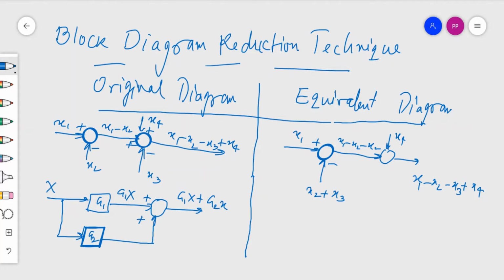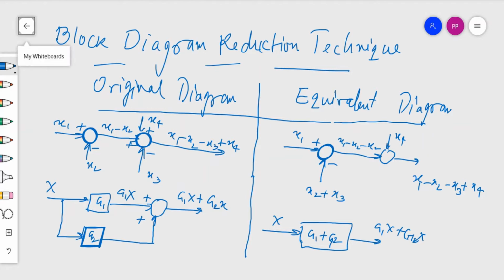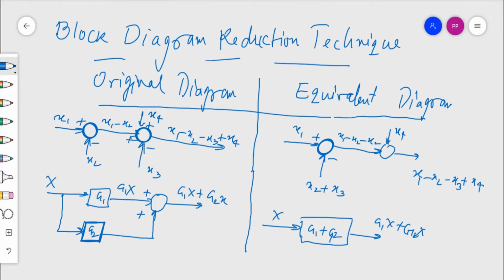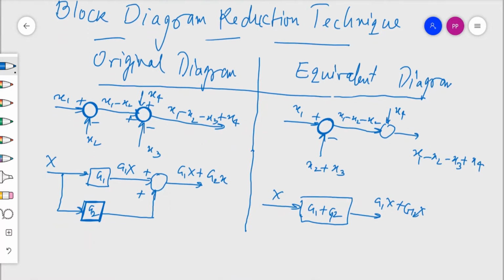The equivalent should be a single block G1 plus G2. So the signal X enters the block G1 plus G2 and the result is definitely G1X plus G2X. So we try the other blocks.